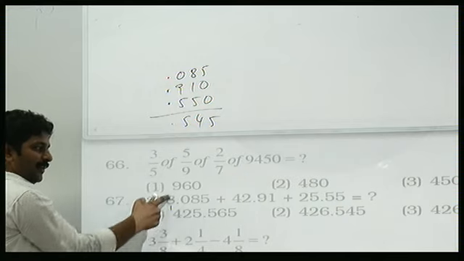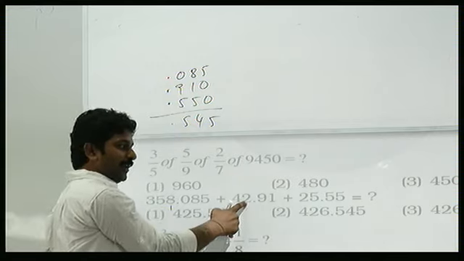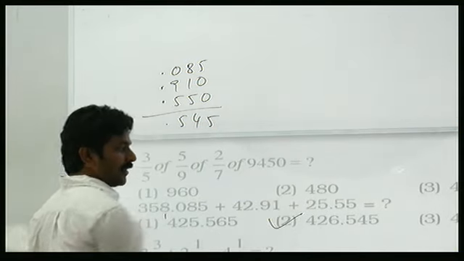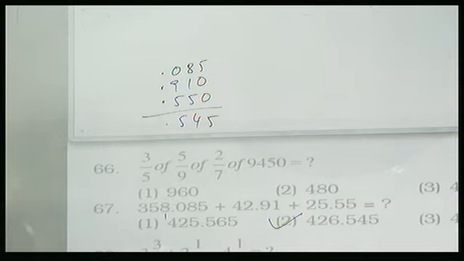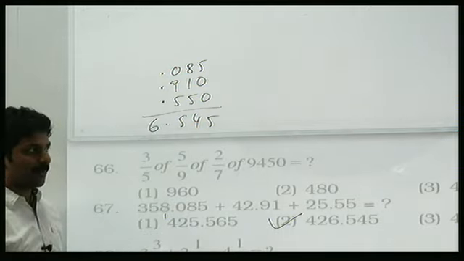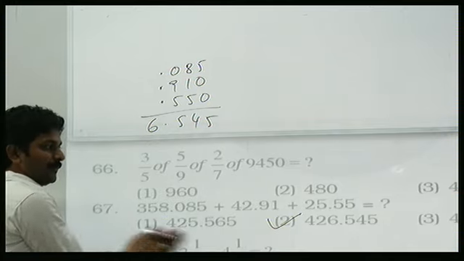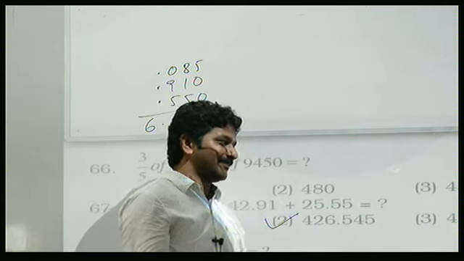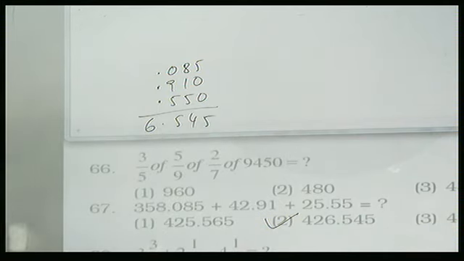Add 1 here, 9. 9 plus 2, 11, 1. 1 plus 5, 6. How many options are ending with 6.545? Already that got eliminated.